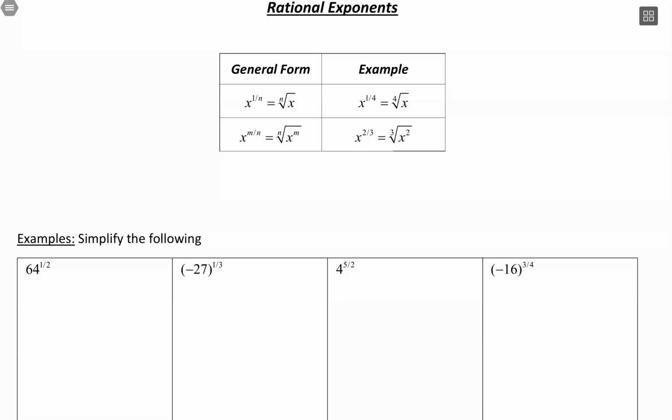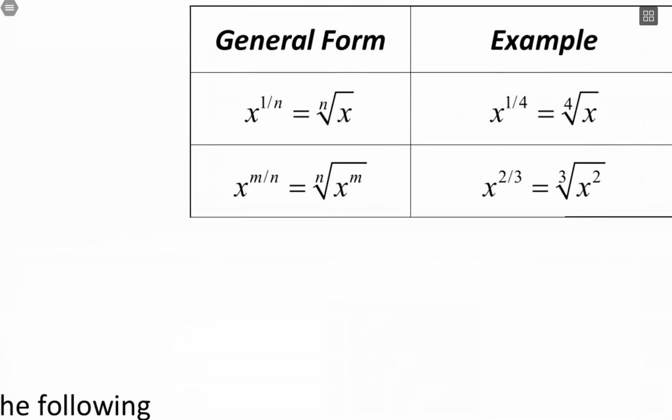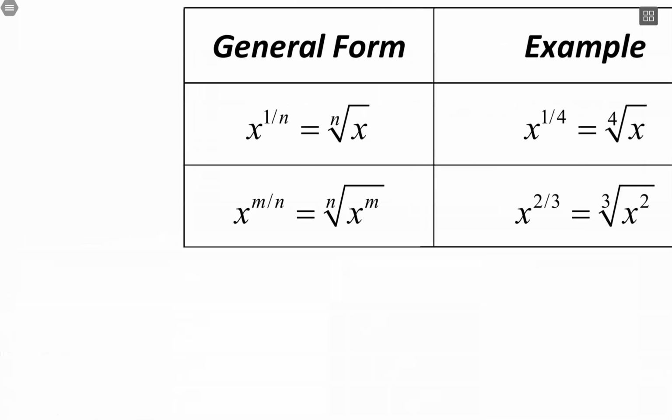When we have rational exponents, it's telling you how to work with radicals and different kinds of roots. So when we have a rational exponent, rational meaning a fraction, in your exponent you have a numerator and a denominator. Say we have a numerator of 1 in the exponent and some number in the denominator.